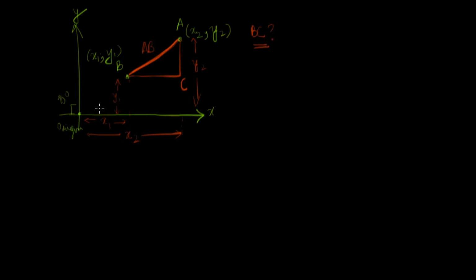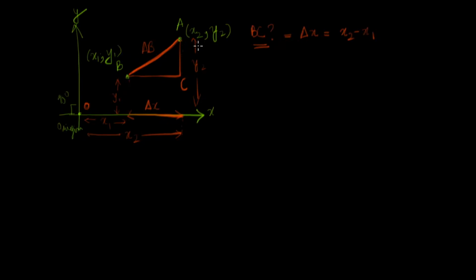Well, if this is the origin, this distance is x2, and this distance is x1. Therefore, this distance is the difference in the x values. So BC is nothing but delta x, or x2 minus x1.